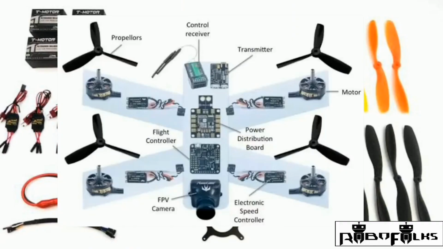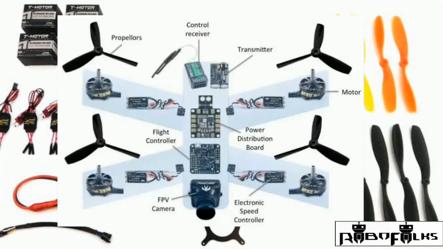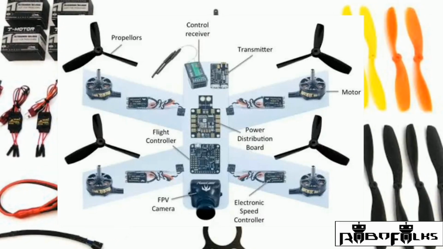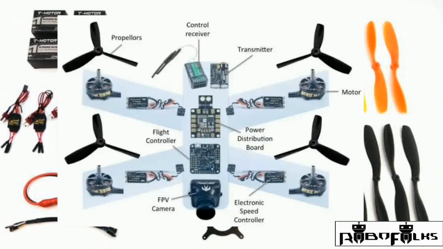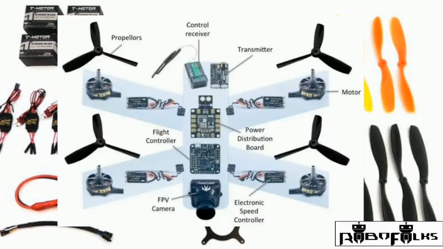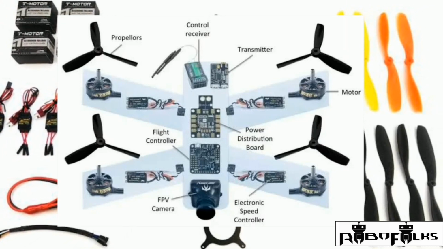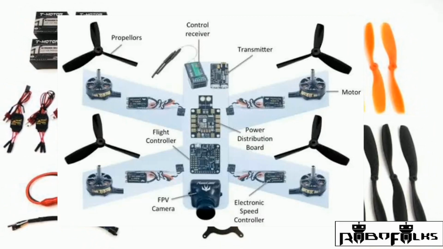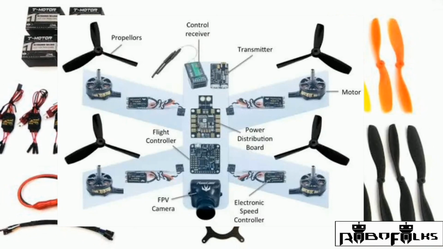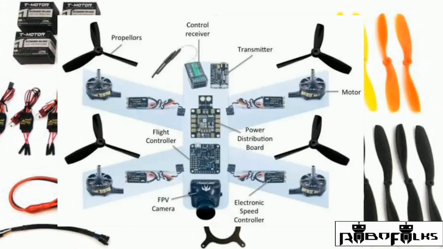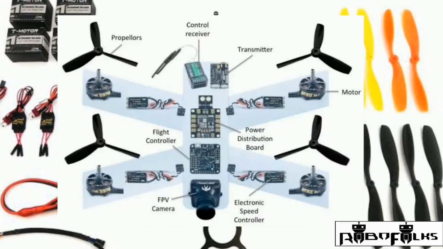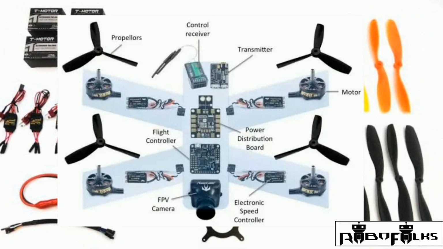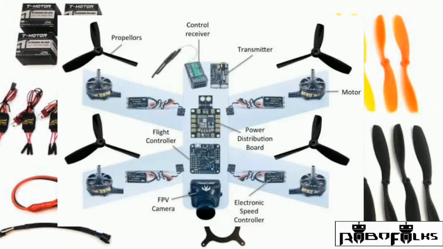propeller, wings, chassis, frame, DC motors, flight controller, electronic speed controllers, landing gear, transmitter, receiver, GPS module, battery and camera.